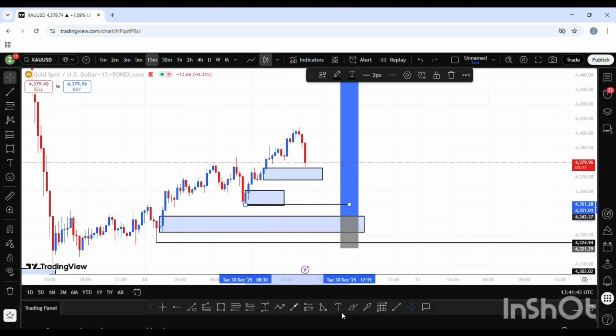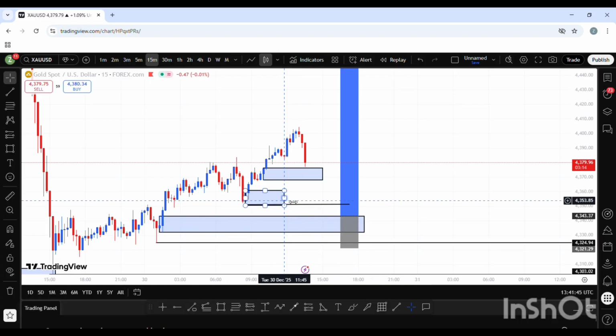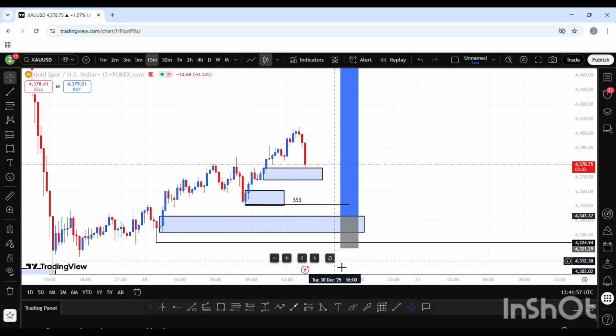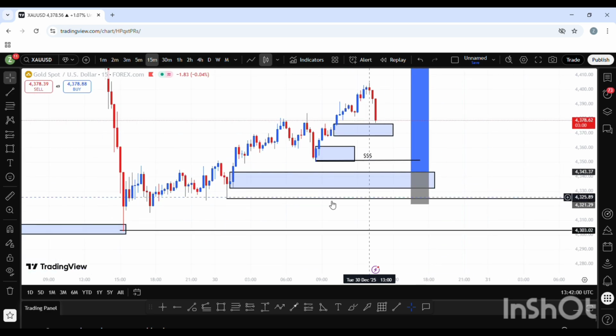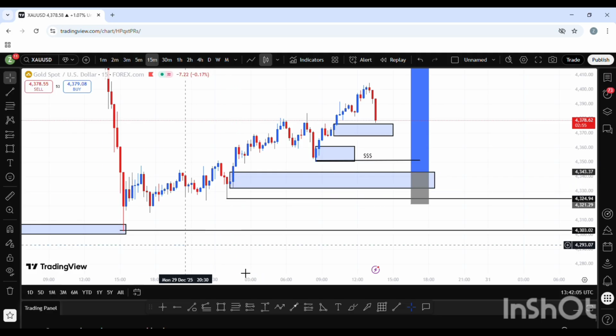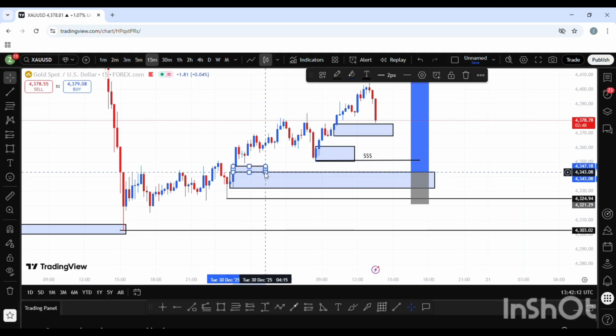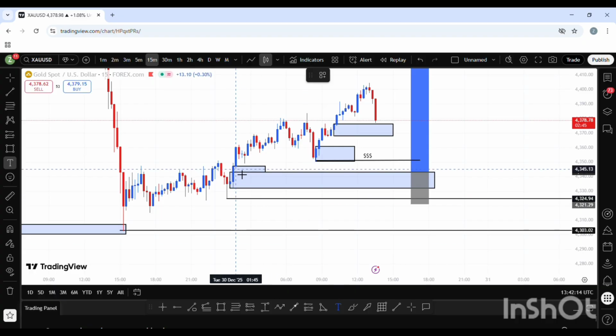Okay, so let me show you where I'll consider as my liquidity. This is how I map out my liquidity. You can just write liquidity or whatever works for you. If market breaks this level, I'll know that that's liquidity and the market is gonna tap that POI. If not so, remember we have a very huge space down there. And for me to take a trade, I need to have all my confluences intact.